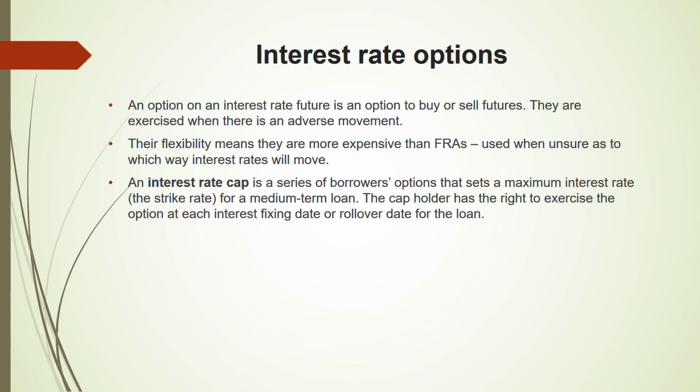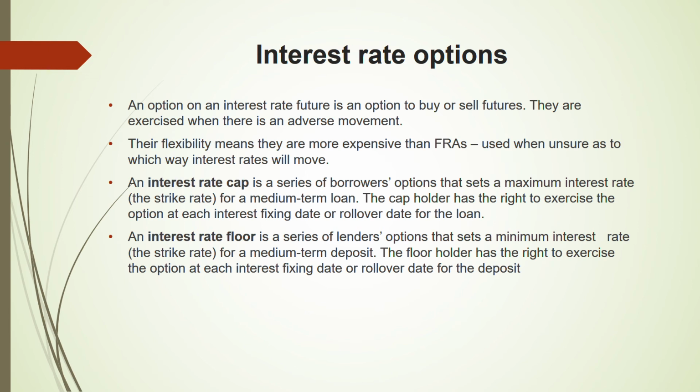It only hedges your position up to a certain amount. It just sets a maximum interest rate. If your interest rate goes downwards, for a borrower I'm talking about, you cannot take that advantage. So it's just one way. You can say this option is a one way option.